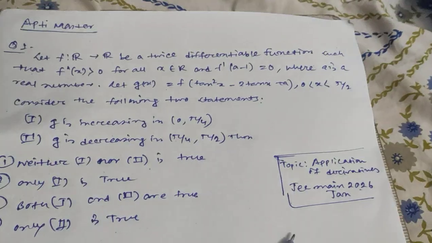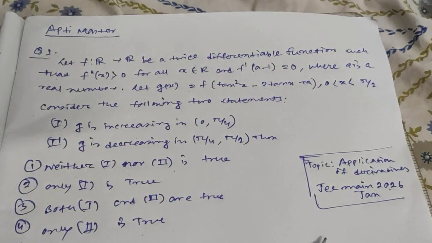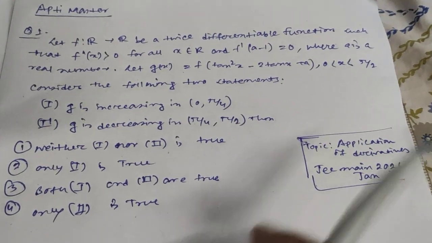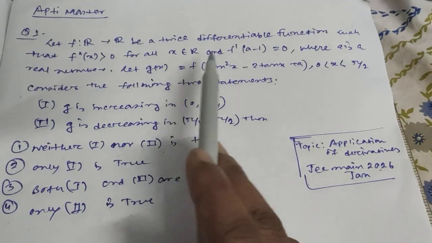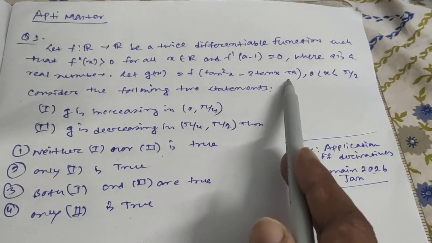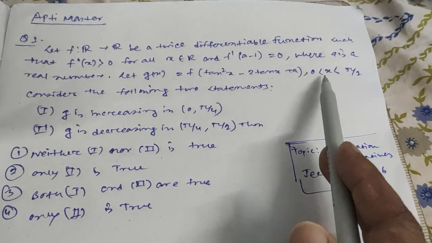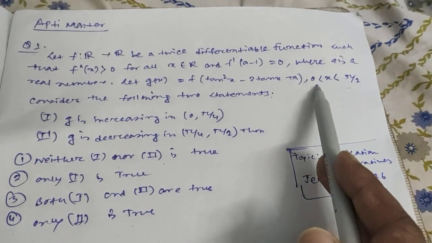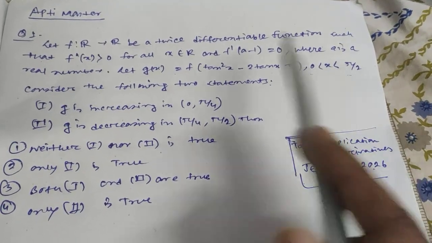The function g of x is equal to f of tan²x minus 2 tan x plus a. So the constraint is 0 less than x less than pi by 2.